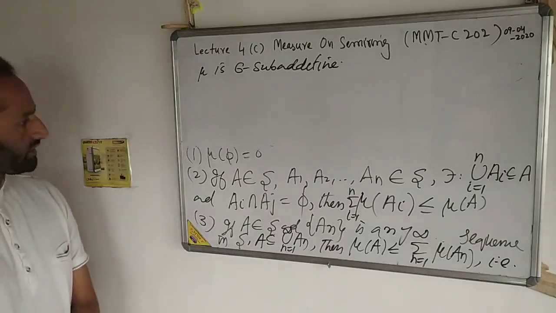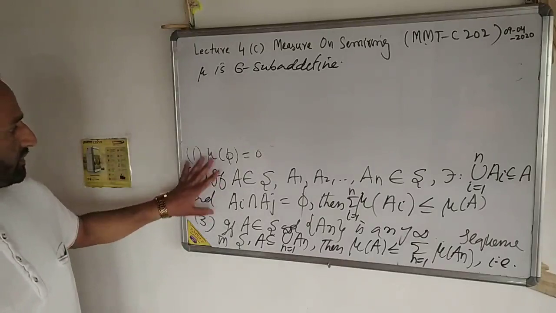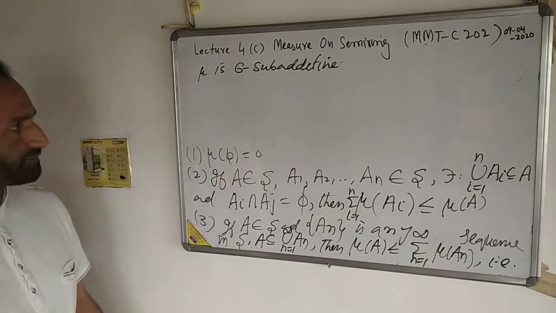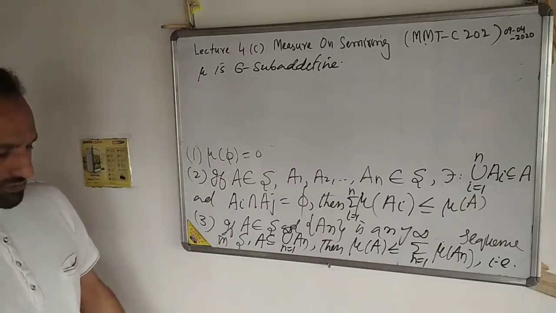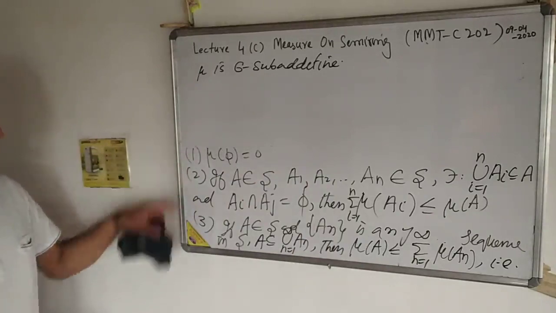So in this theorem we show that a set function mu is a measure if and only if this function mu satisfies these three properties. We first assume that mu is a measure, and we prove that a measure has these three properties.